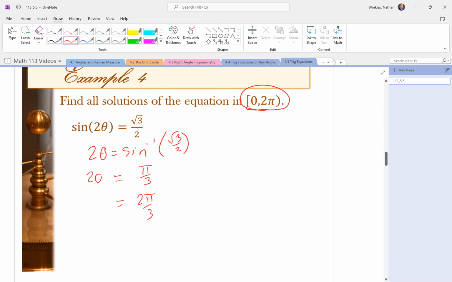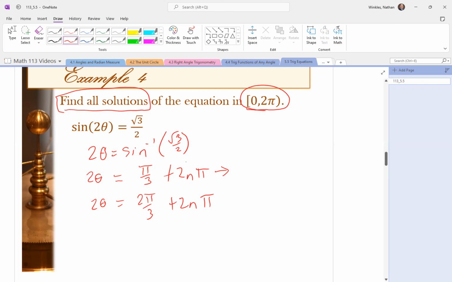In each one of these cases, it's 2 theta equals that. If we just stick to that piece for right this second, we would say plus 2n pi and plus 2n pi. But since it's 2 theta, we need to divide everything by 2.